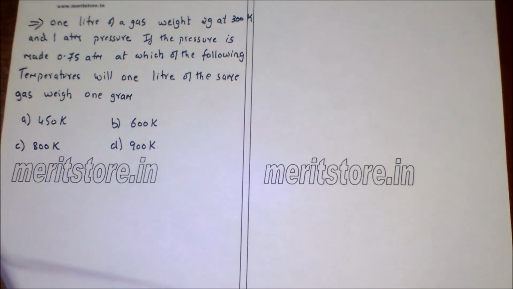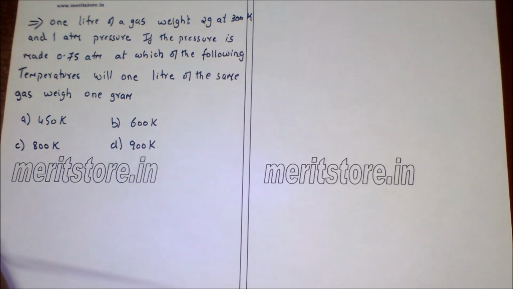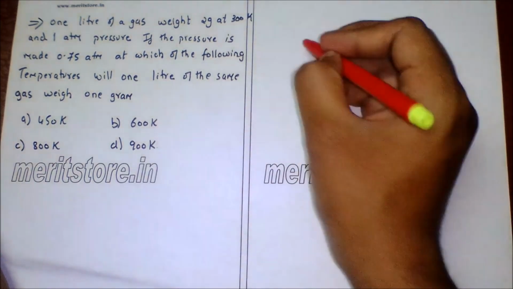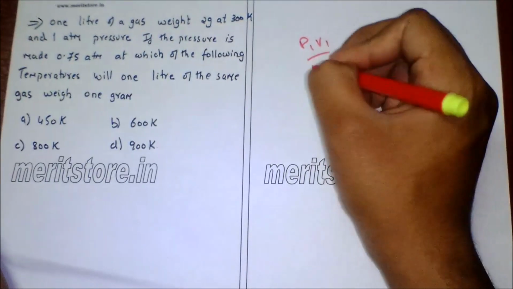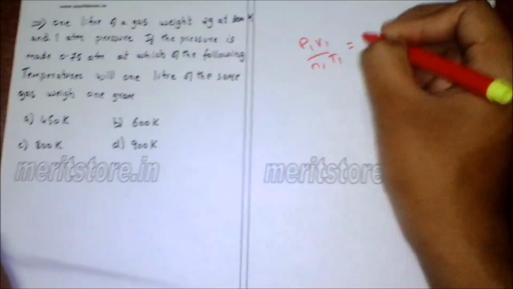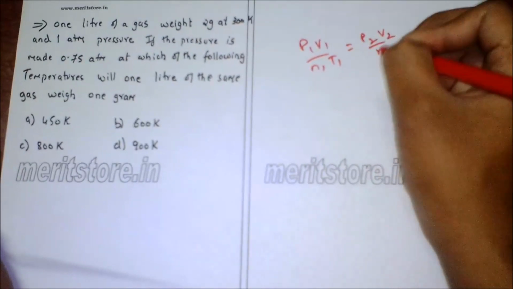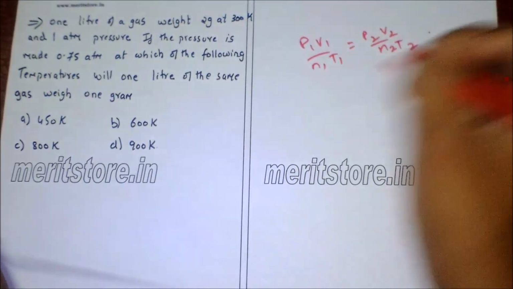1 liter of gas weighs 2 gram at 300 Kelvin and 1 atmosphere pressure. If the pressure is made 0.75 atmosphere, at which of the following temperature will 1 liter of the same gas weigh 1 gram? We know that P1 V1 upon N1 T1 is equal to P2 V2 upon N2 T2.